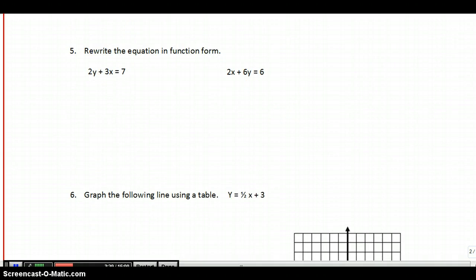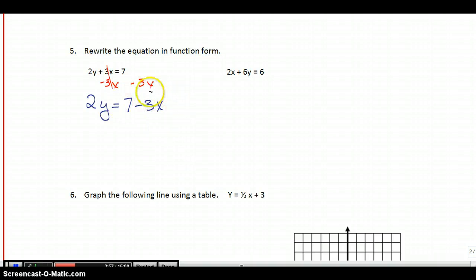Next, rewrite the equation in function form. That just means rewrite it where y is all by itself. You're not really solving it, you're just isolating y. So now I'm going to subtract 3x from both sides. So that cancels out. Now I'm left with 2y is equal to 7 minus 3x.